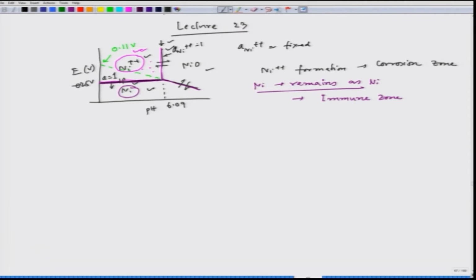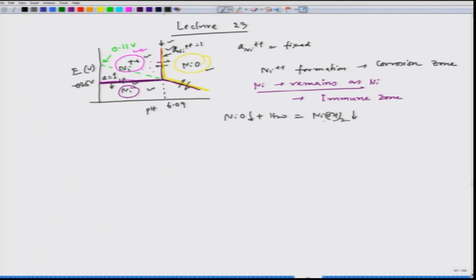Now, there is one more zone, covered by this zone, where we have NiO. Interestingly, earlier when we tried to see the tendency of nickel to get corroded in the water system, we considered NiOH, but here it is NiO. If we take NiO and H2O, NiO plus H2O equal to Ni(OH)2. This also settles down, because it has a very low solubility product.